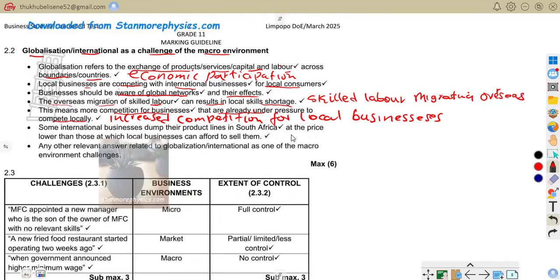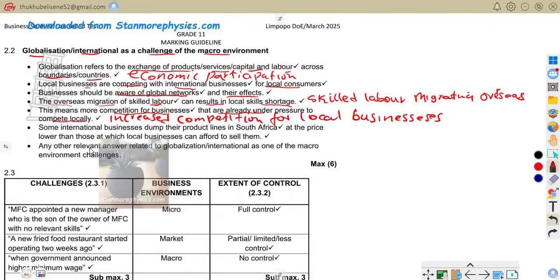What it means is that more competitors make it harder to survive in the market. For example, local factories struggling against cheaper imported goods. That is that.